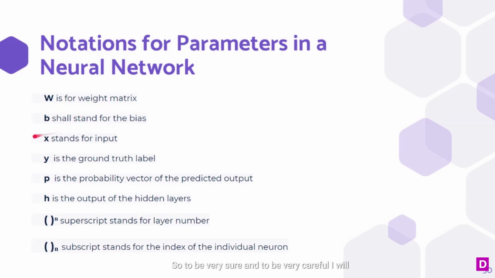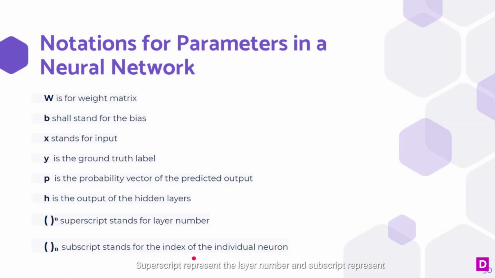To be very sure and careful, I will reiterate all these things once again. W is the weight matrix, B is the bias for the given network or layer, X stands for the input, Y stands for the ground truth or the actual output of the network, P is the probability output coming from the neural network, and H is the output of the hidden layers.